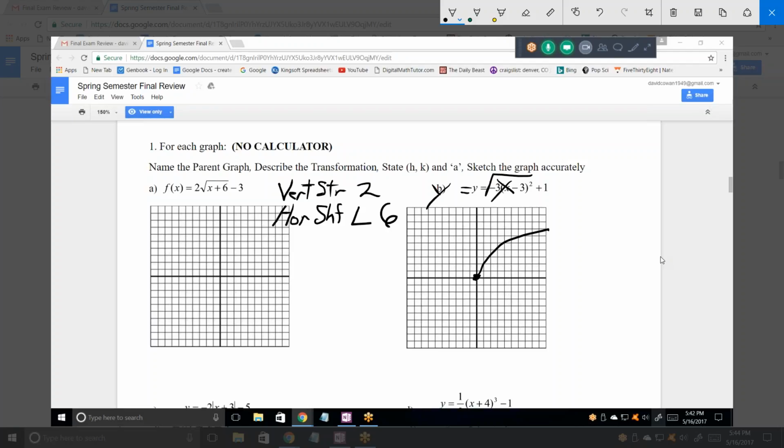And finally the minus 3. What is that? Vertical shift down 3. Okay, we've described it. State h, k, and a. What do they mean by h, k, and a?